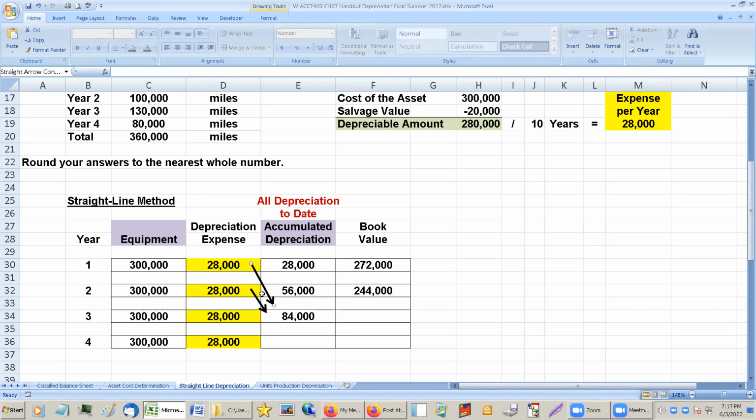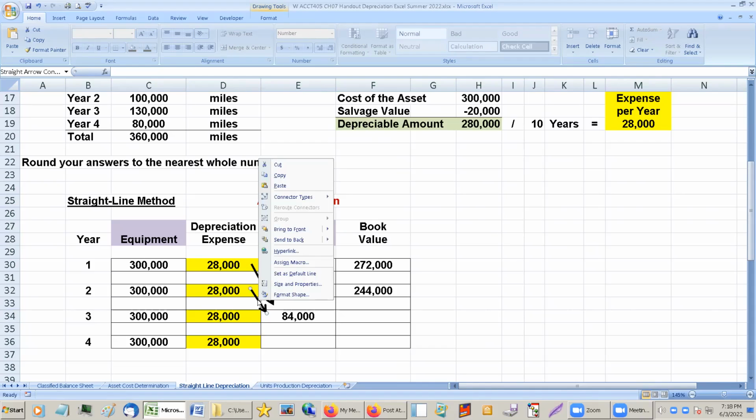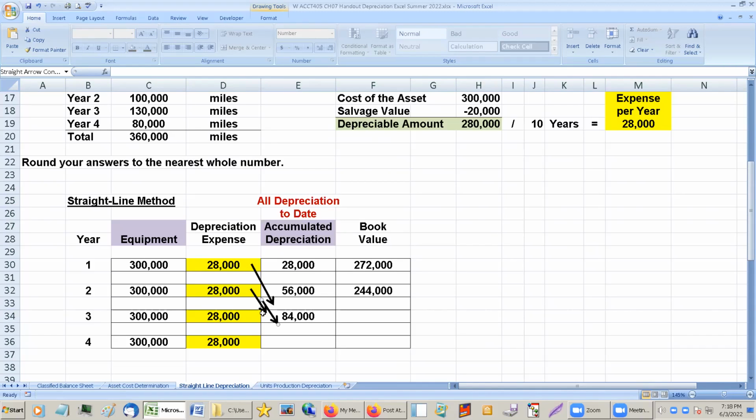Now, since that's 2 years, you can just add the last one on. Let's add that.